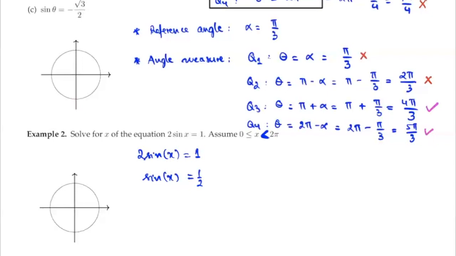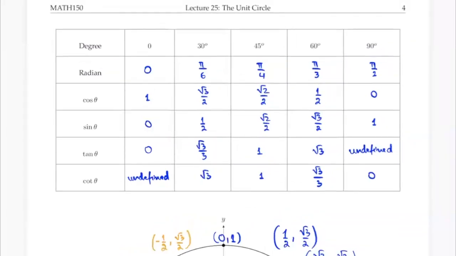So what does this equation tell you? It tells you that you need to look for the value of x such that sine of x equals 1/2. So what angle x gives you sine of x equal to 1/2? You go back to the table again, and you get x, or theta, equal to 1/2 right here. So the reference angle is pi over 6.